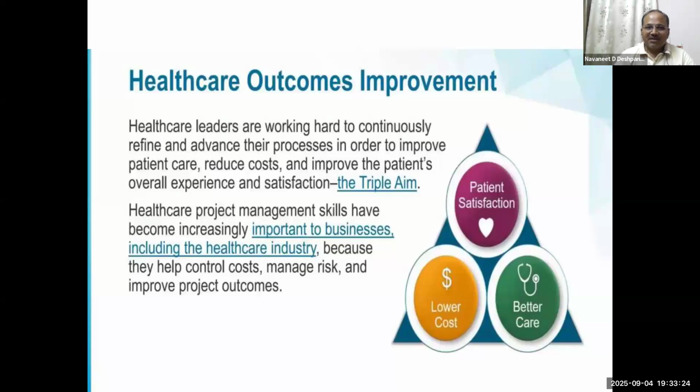So basically the triple aim will be to manage and control the costs, because costs will keep on fluctuating all the time. There should be some monitoring of the costs, managing the risks, and improving the project outcomes, as well as understanding the overall sustainability of the project.